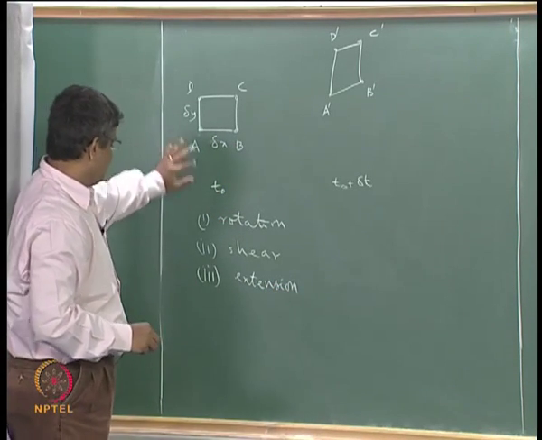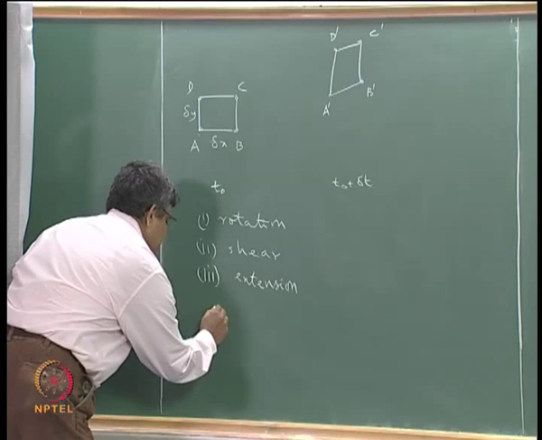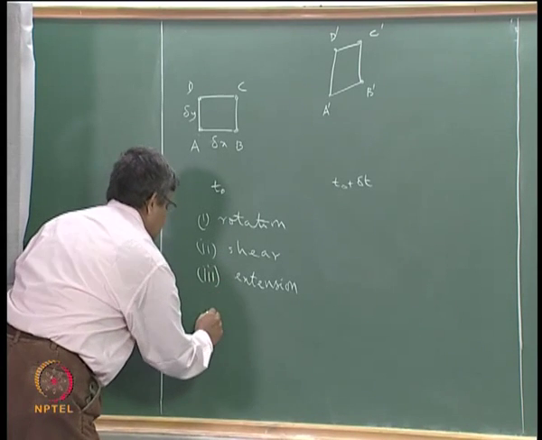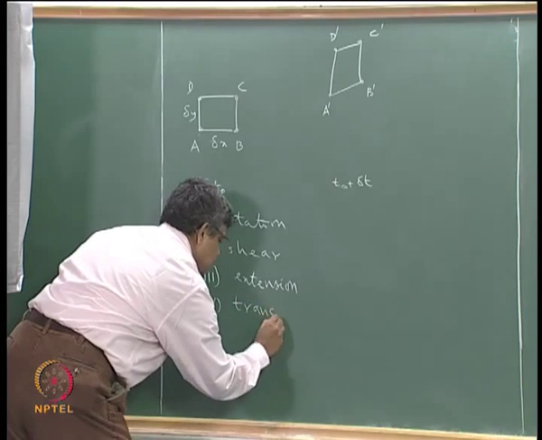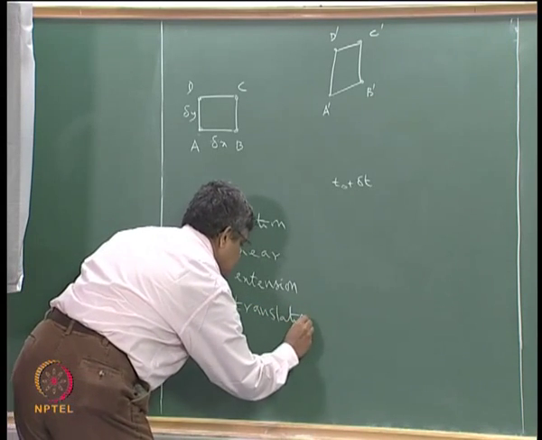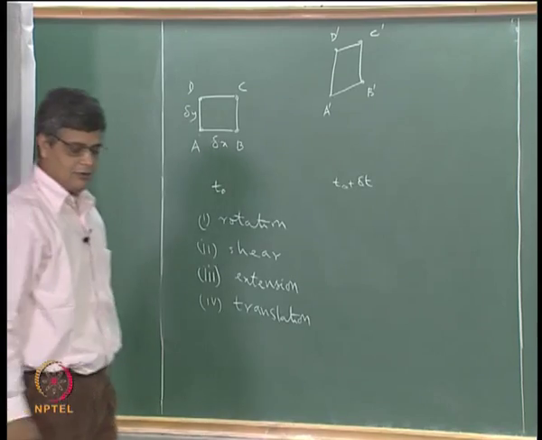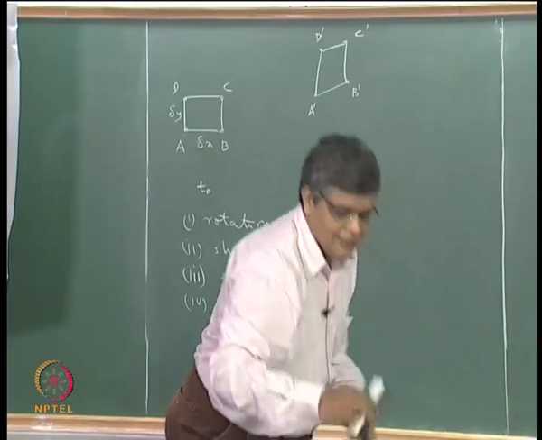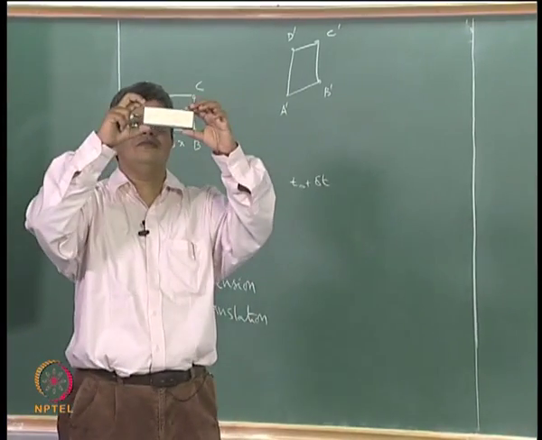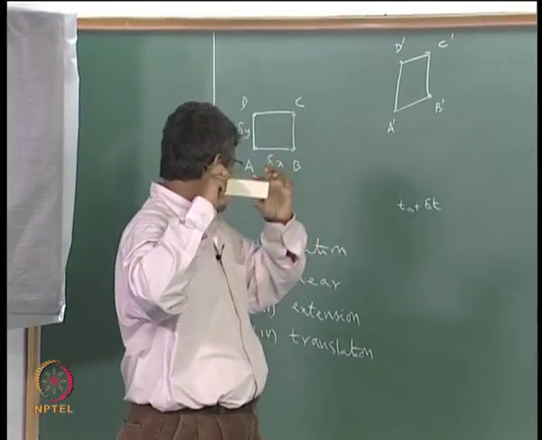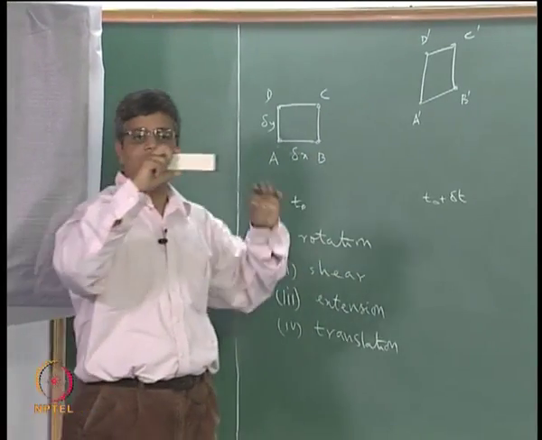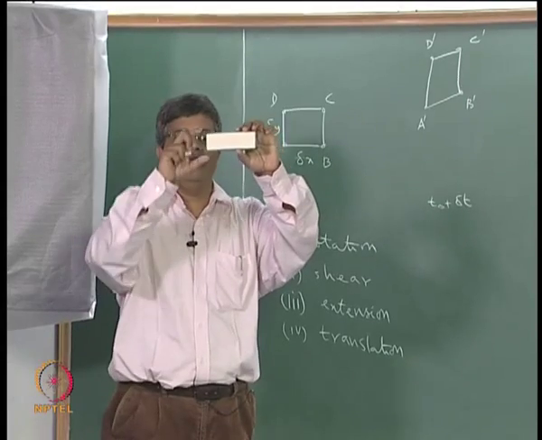In addition to this, we have a fourth one, which is translation. Now we can imagine that this is the initially rectangular plane, and we can identify each of these components by looking at this.